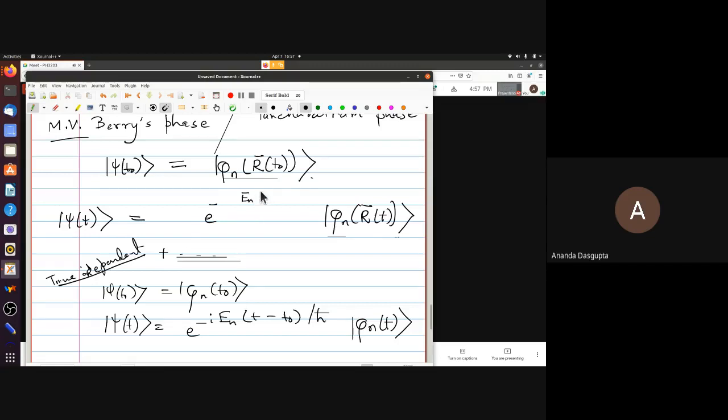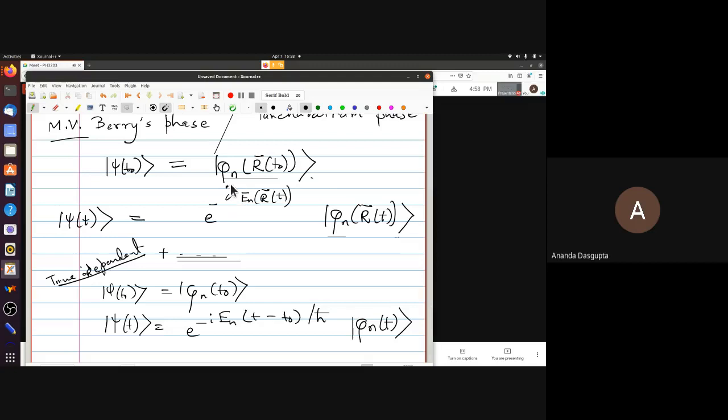But then the next obvious thing that could be is E_n, of course, changes because the Hamiltonian changes through the R. This is very important. The Hamiltonian changes because the R, the parameters R1, R2, R3, which describe the Hamiltonian, they change with time. So E_n is actually a function of R, but R changes with time. So you get an E_n(R(t)) dependence. Now, you can't say it's E_n(R(t)) into (t minus t0) by h cross.